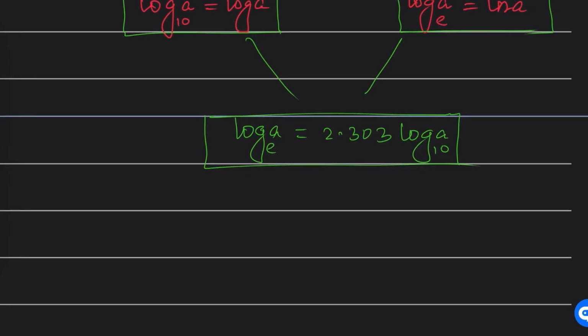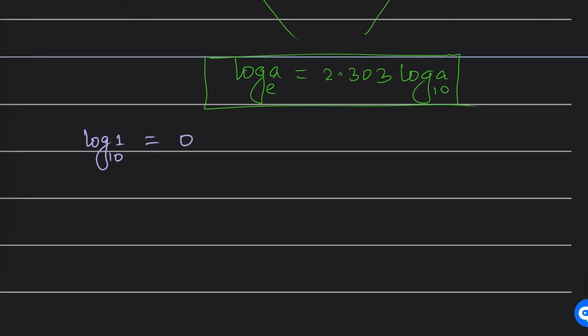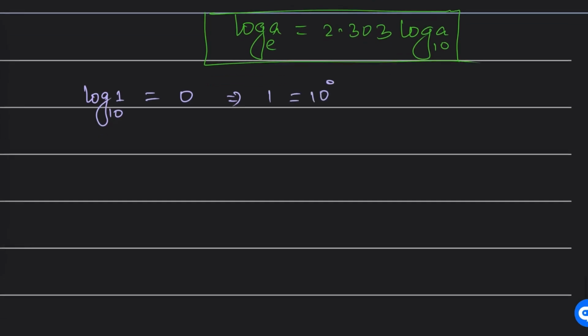At least log 3 is important, and you can further remember log 4, log 5, log 6, and I am giving you the trick to calculate them. Log of 1 to the base 10 is 0. Why? For your understanding, 1 can be written as 10 power 0, so log of 1 to the base 10 is 0.